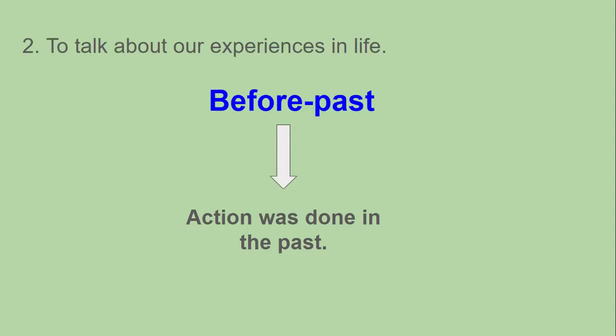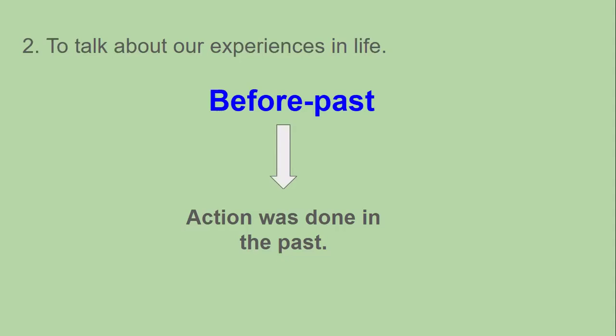I don't mean just now. I did this thing in the past, but I have decided to use the present perfect tense. Why? Because it is my experience. I didn't just finish now. No, I did it maybe, let's say, 5 years ago. But I'm talking about my experience.